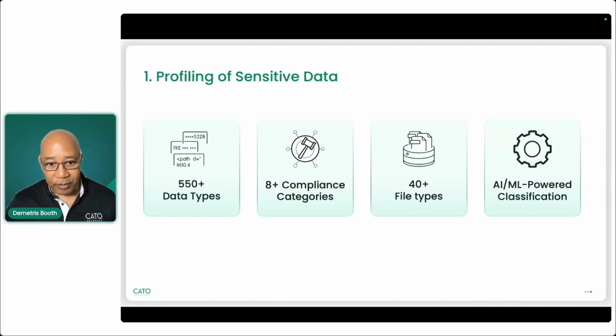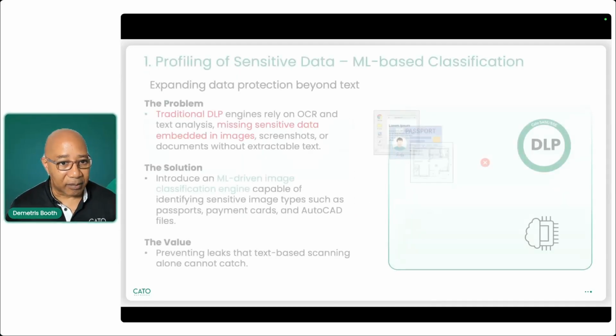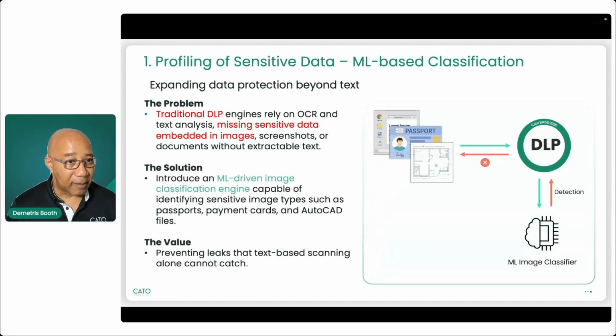So let's have an example of the last portion here, the ML-based classification within DLP. Most DLP is basically a good reader of information, but with a little bit of conflicting eyesight. It can run a scan across text, it can run OCR, and pretty much that's it.